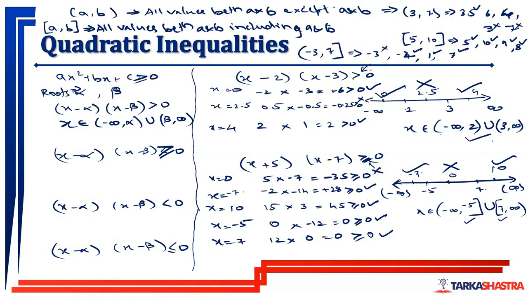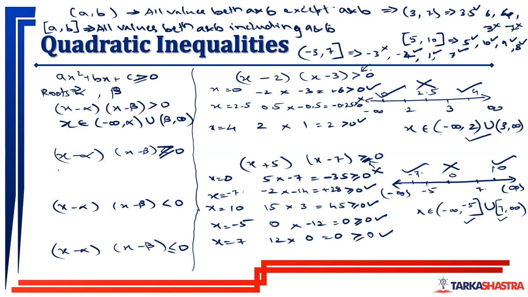Okay, simple explanation. Now, minus infinity and positive infinity can never be taken into a closed bracket. They will always be in a round bracket, because you cannot include infinity. Infinity is what you think and beyond that. Okay.